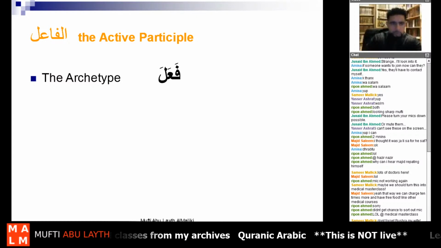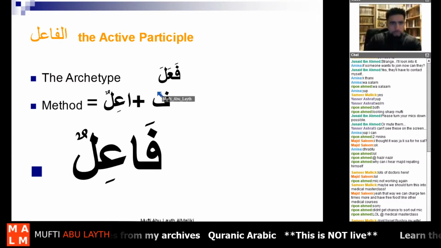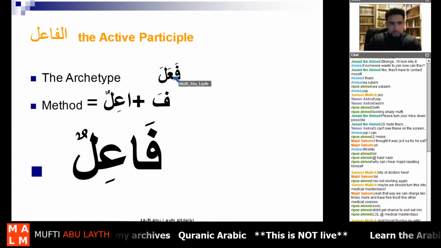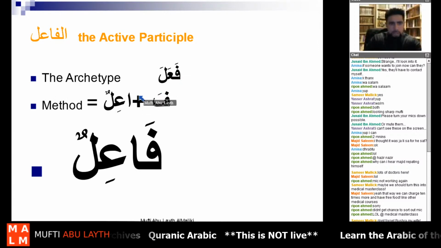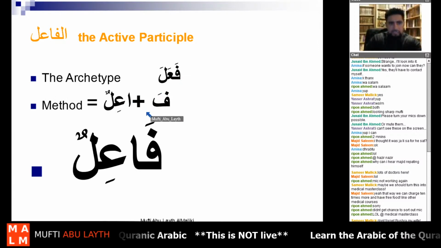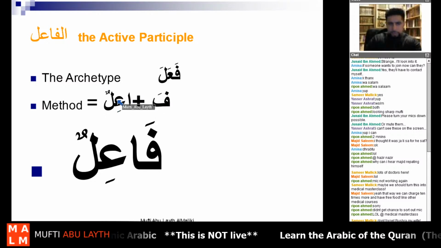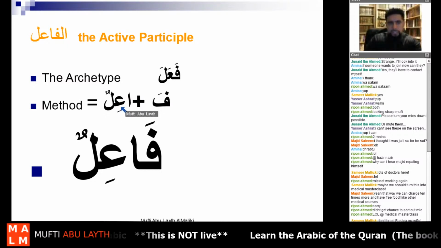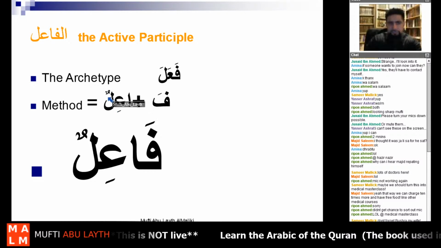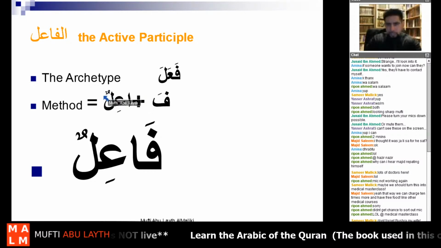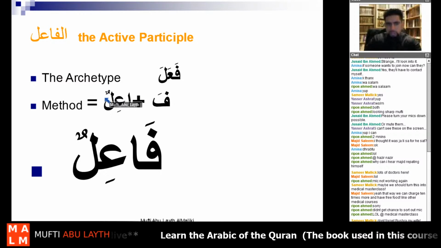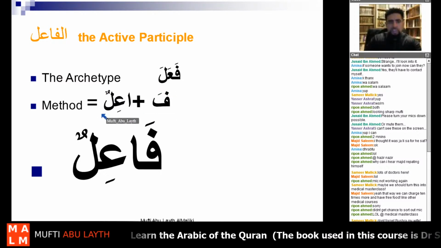Now, what we do is, first of all, we get the root letter fa, we add an alif after it. We give the ayn a kasra, and we add tanween onto the radical or the essential lam. So it becomes fa'ilun.